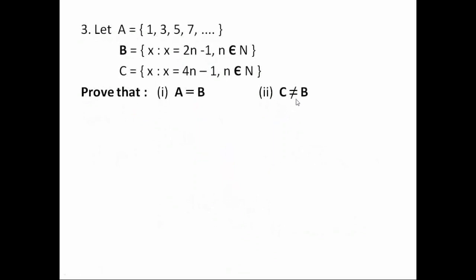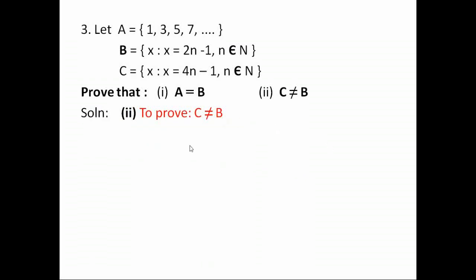Now let's take the next part of this question, where we have to prove that set C is not equal to set B. So to prove set C is not equal to set B, let's take C on the left hand side and B on the right hand side.